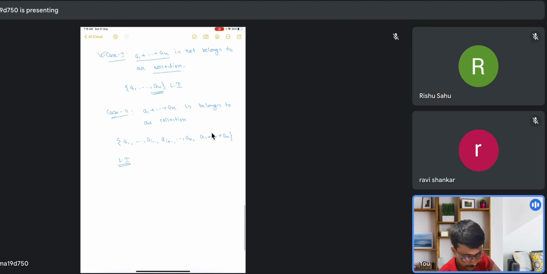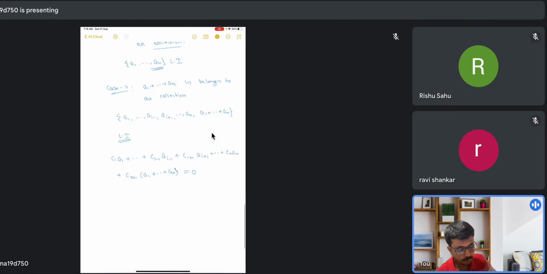So take this expression: c1 a1 up to ci minus 1 ai minus 1 plus ci plus 1 ai plus 1, up to cn an, plus cn plus 1 times the sum a1 up to an, equal to 0.